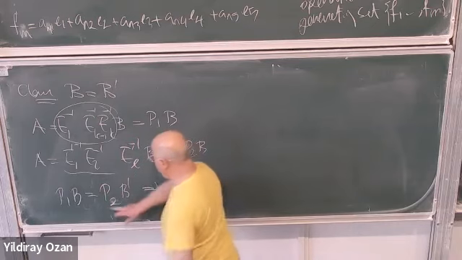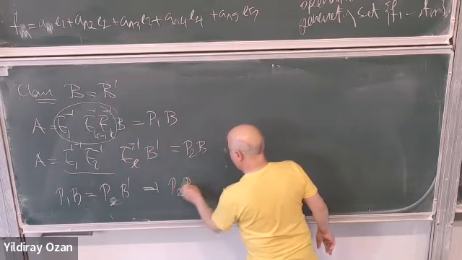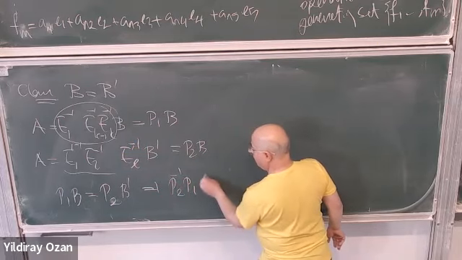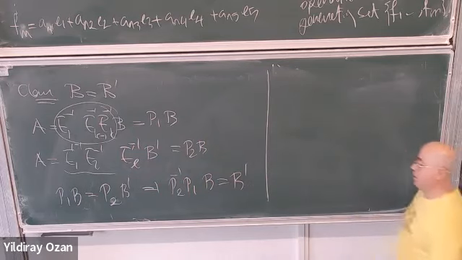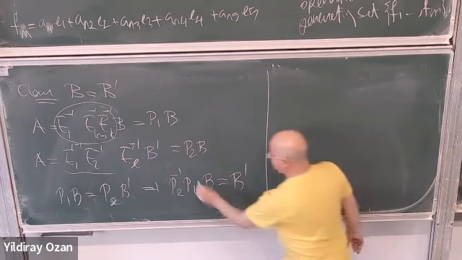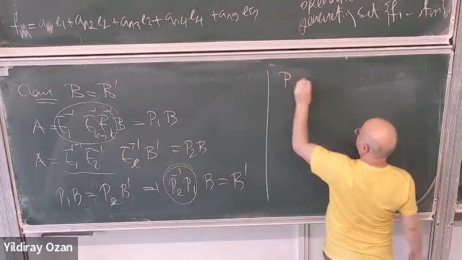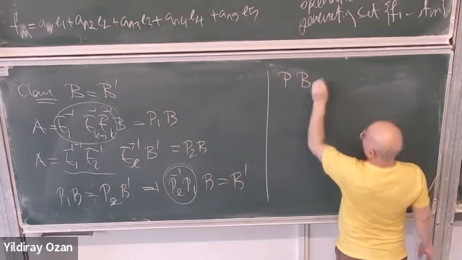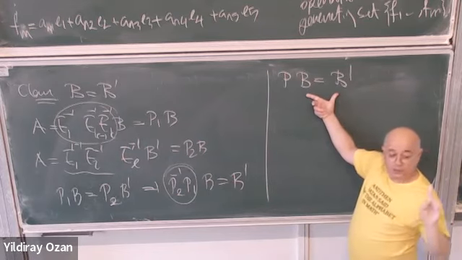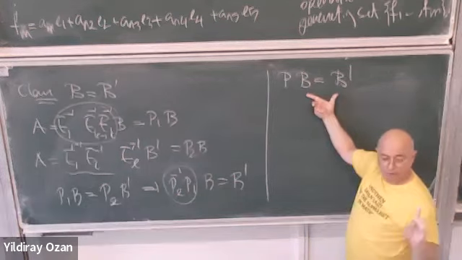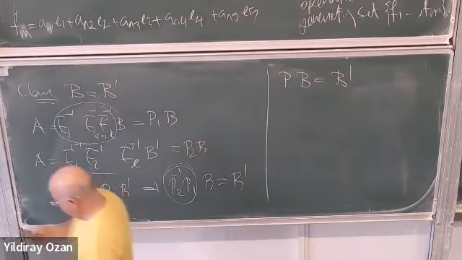Since they are invertible, I can just take this one to the other side. P2 inverse P1, B is equal to B prime. This is an invertible matrix. Let's call it P. So P times B is equal to B prime, where both of them are row reduced echelon matrices.